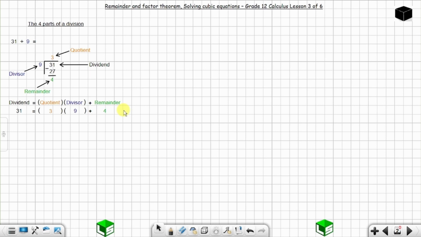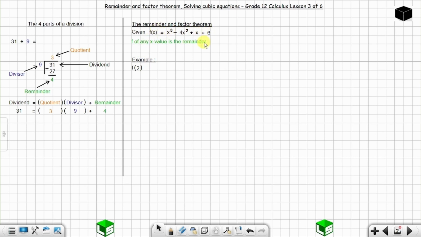Now let's move on to remainder and factor theorem. I'm going to try to explain this the simplest way. Let's say you are given f of x is equal to this. Now, f of any x value is going to be the remainder. For example, when you take f of 2, you plug 2 wherever you see x.